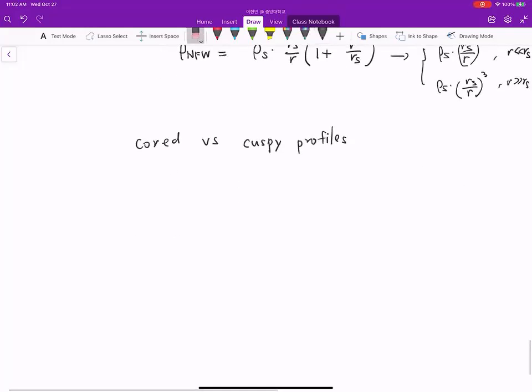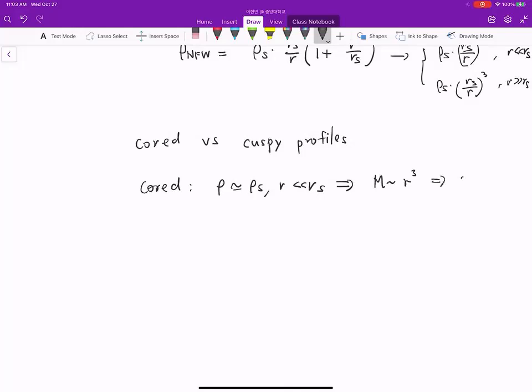Core versus cusp profiles. In the case of the core, so kind of isothermal, in the inner region the dark matter density is almost constant. Then the total mass within the radius is proportional to the volume factor, right? Volume times the constant density.